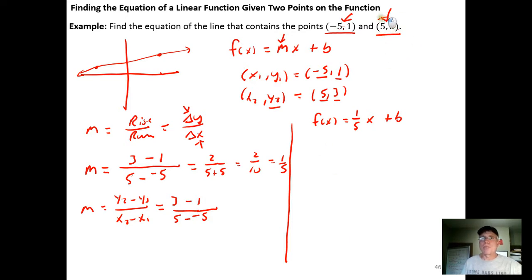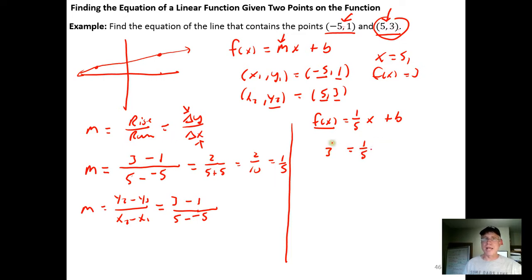So I'm going to grab this point, and this point says, hey, when x is 5, f of x is 3. So here I'm going to replace f of x with the output of 3 and say 3 equals 1/5 times x.